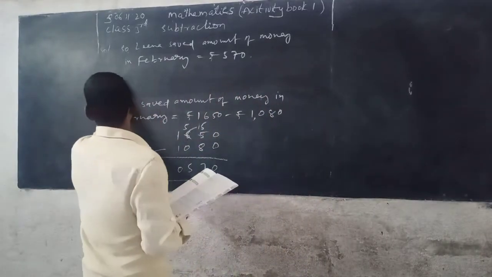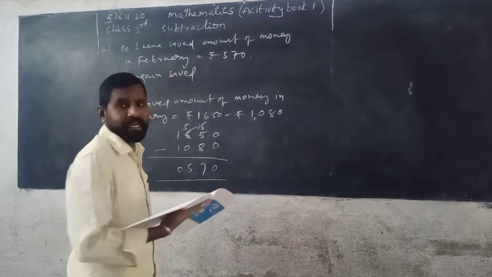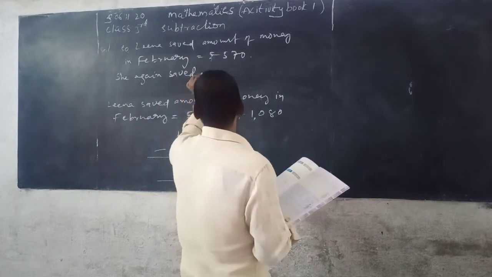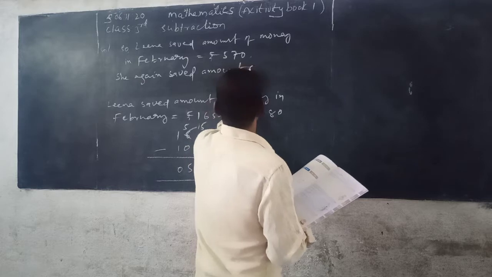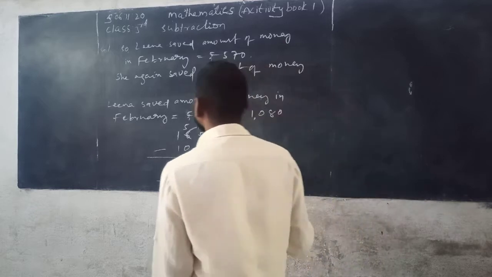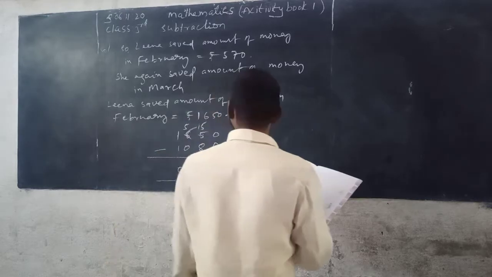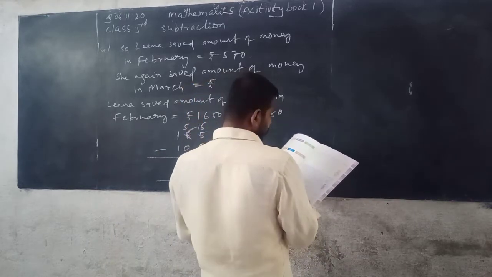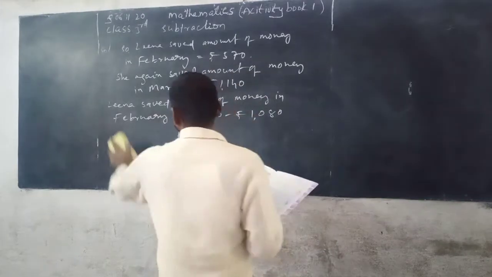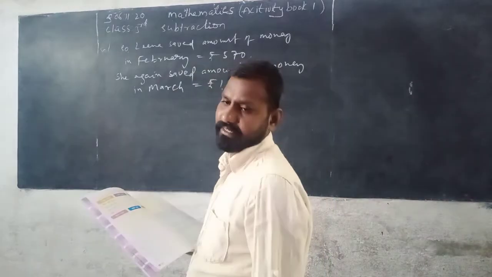She again saved an amount of money in the month of March, that is 1140 rupees. Now you can find out the total amount of money Leena has.